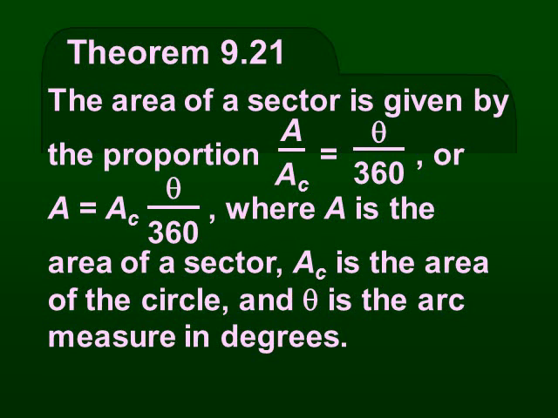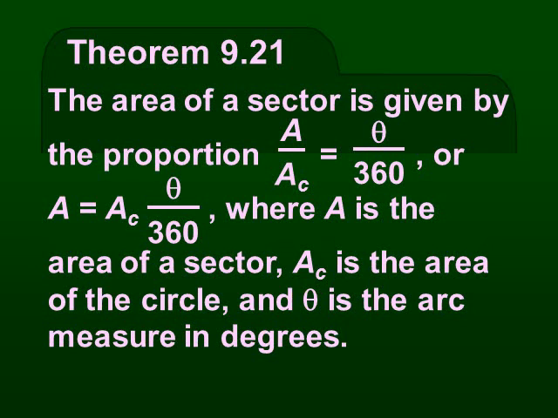The area of a sector, remember the sector is the piece of pie. The area of the sector over the area of the whole circle is theta over 360. Theta is the central angle. Then you can solve for all of that, where big A is the area of the sector, big A with the little c is the area of the whole circle, and theta is the arc measure.